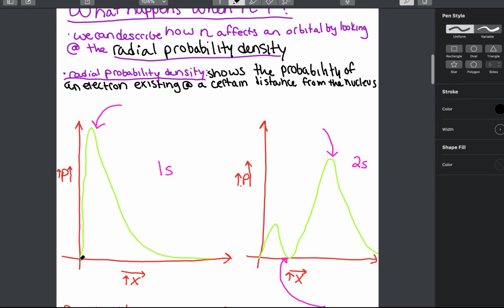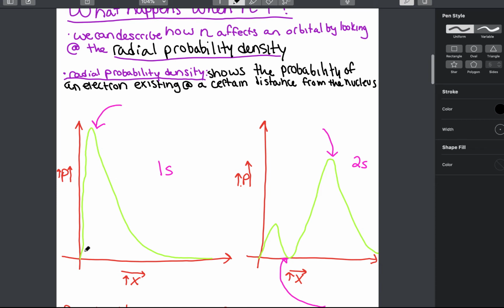So as we go from bottom to the top, the probability increases. And at the bottom here at the x-axis, we have the distance from the nucleus. So as we go from left to right, the distance from the nucleus increases. So what does this green line show you here? This green line shows you the probability of an electron existing at a certain distance from the nucleus.